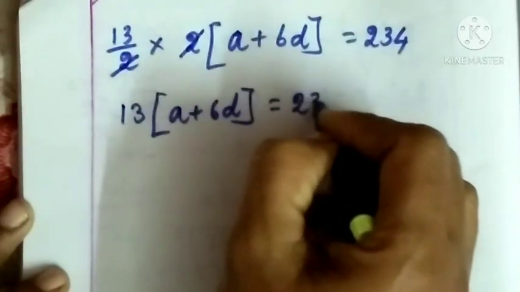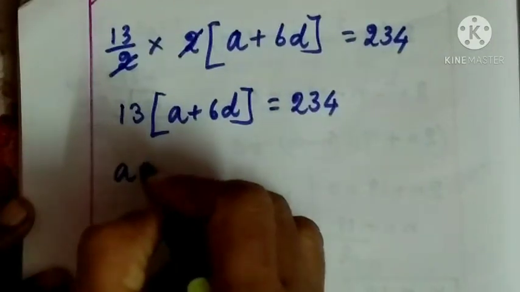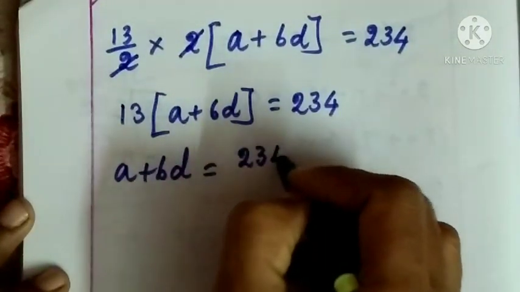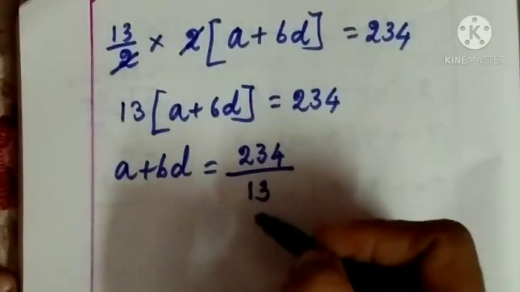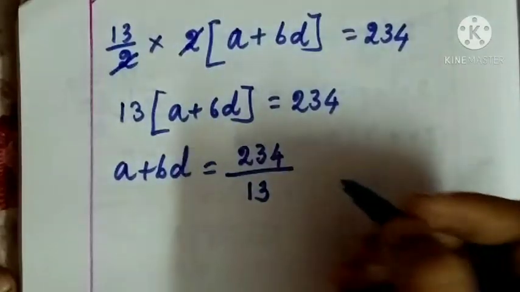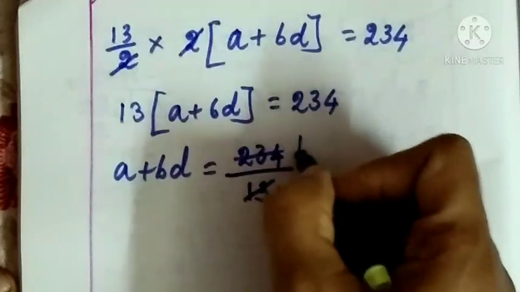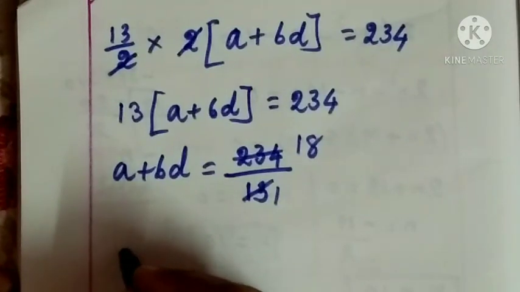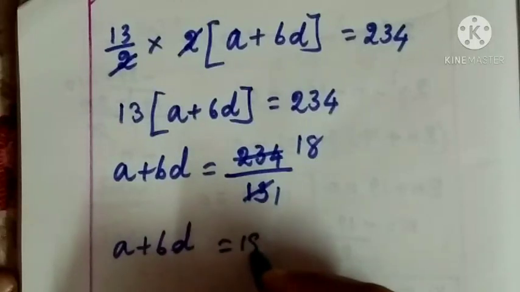It can be written as a plus 6d is equal to 234 by 13. Now you have to cancel this by 13 table, that is 1 13s are 13, 18 13s are 234. Now we have the equation a plus 6d is equal to 18.